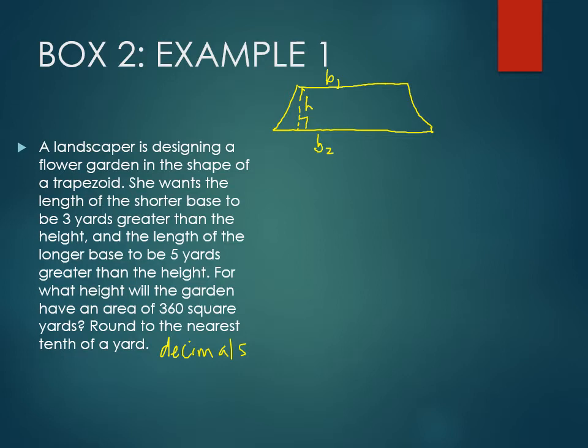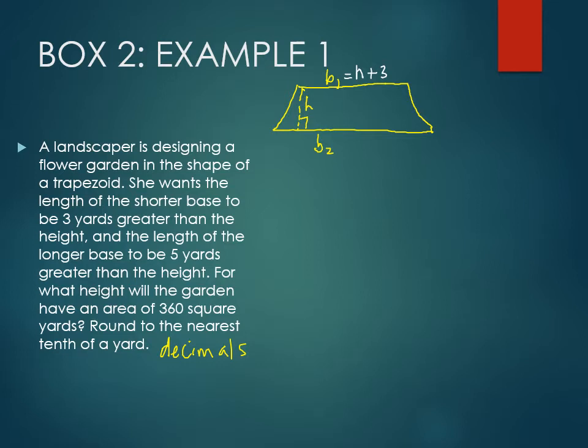Then we're going to label information. We know that our shorter base is going to be 3 yards greater than our height. So B1 equals our height plus 3. Agreed? And then we know our longer base, which is B2, has to be 5 yards greater.